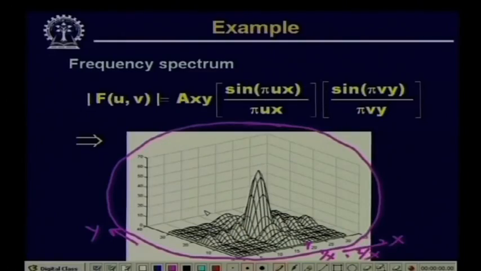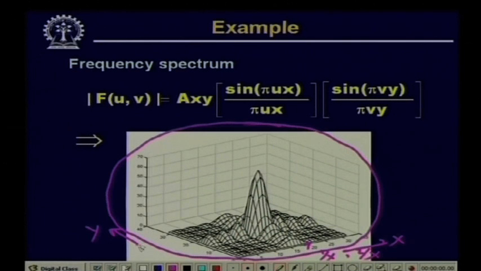So, what we get is the nature of the Fourier spectrum of this particular two dimensional signal. Now, so far what we have discussed is the case of continuous functions or analog functions.